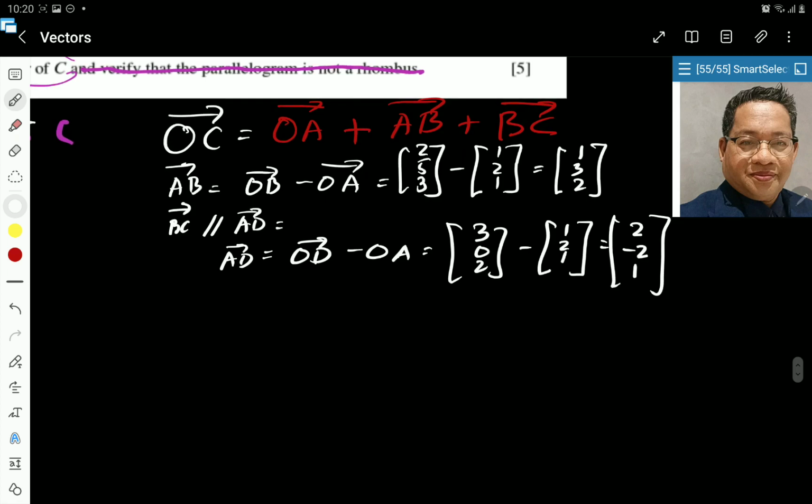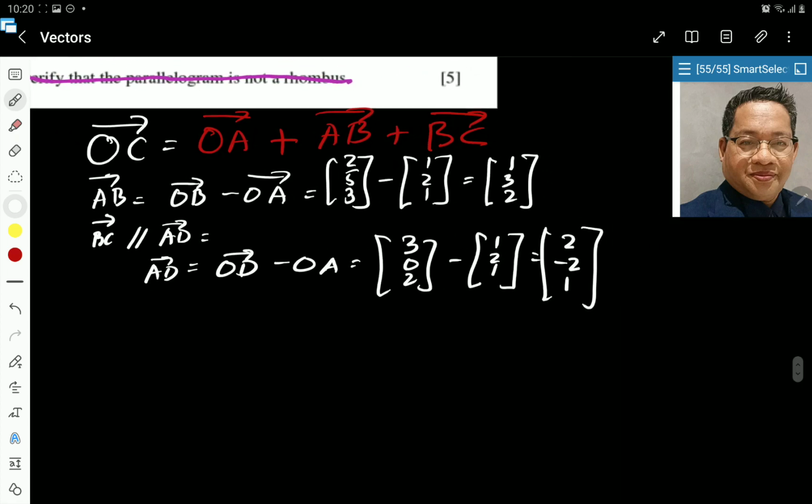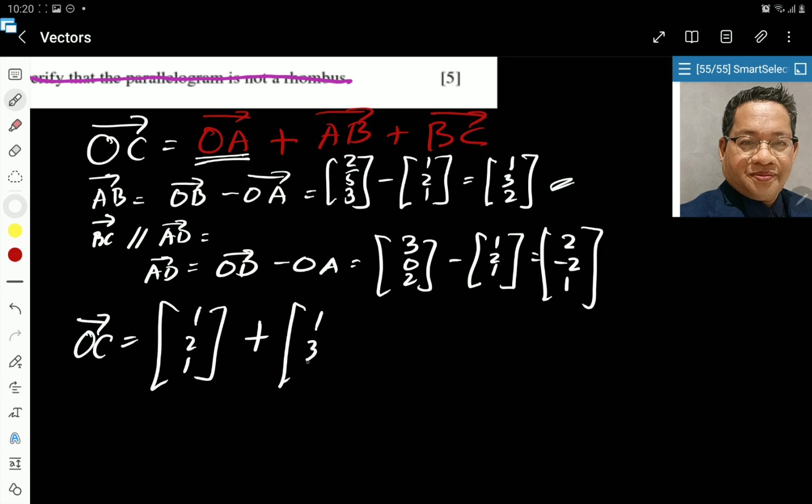Now we can solve OC. OC is OA, which is 1, 2, 1, plus AB, which is 1, 3, 2, plus BC.